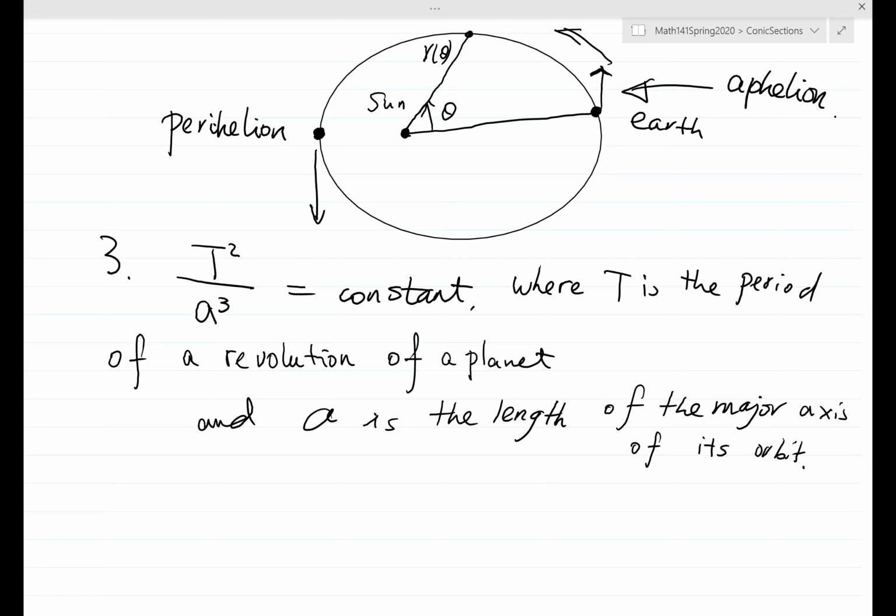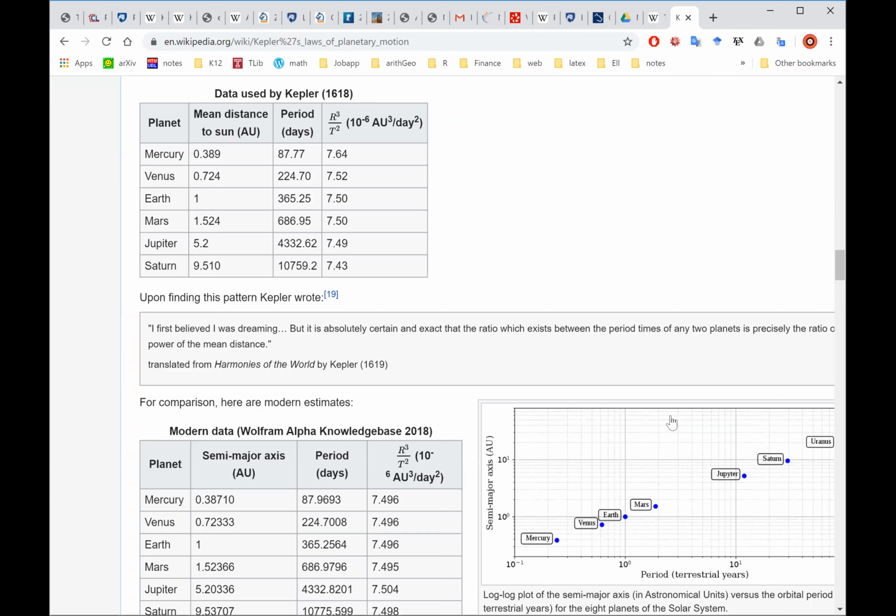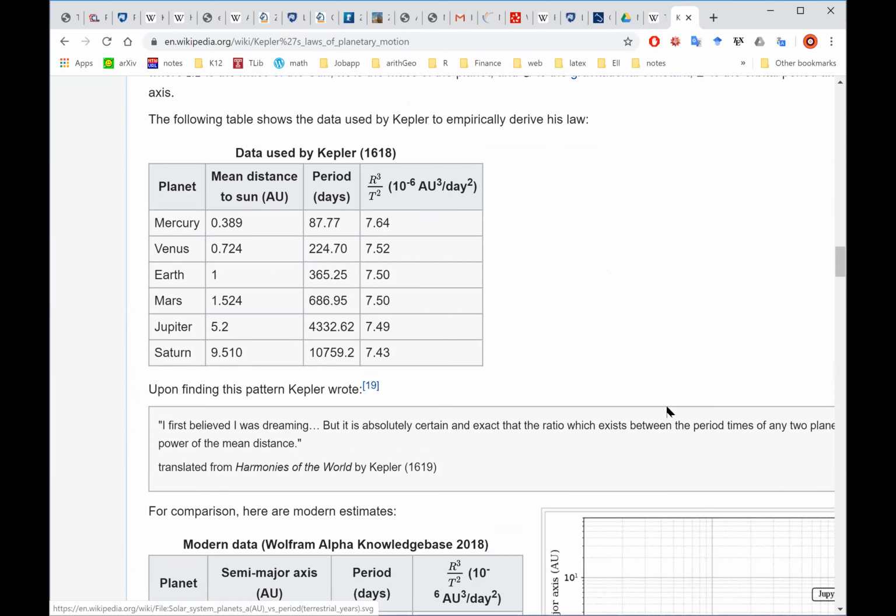Now let's see some data. Can everyone see the data? The data used by Kepler, this comes from Wikipedia.